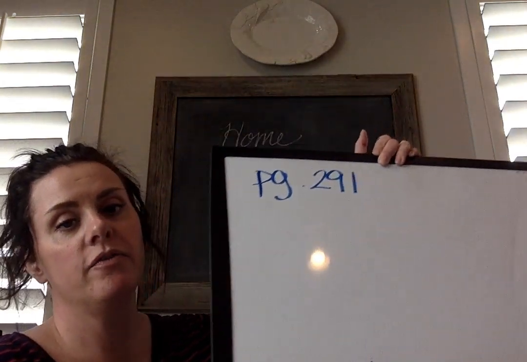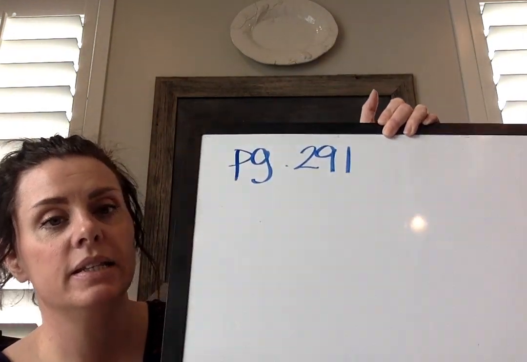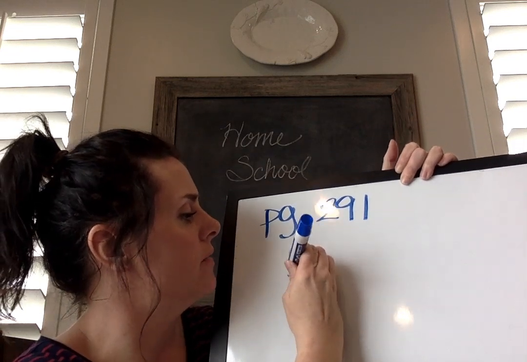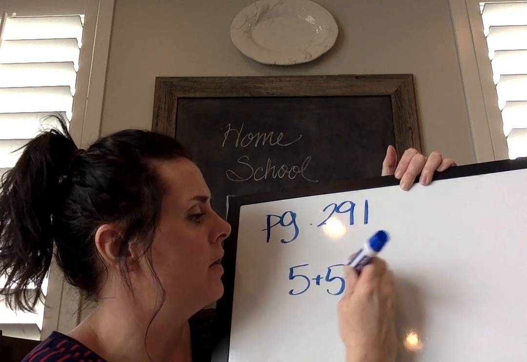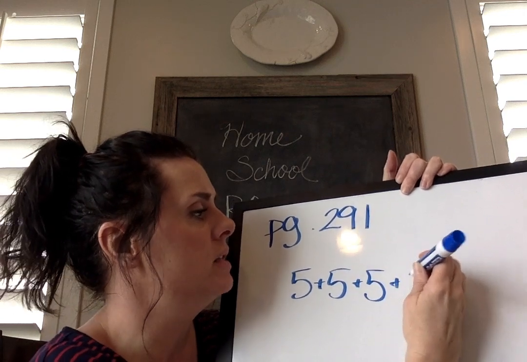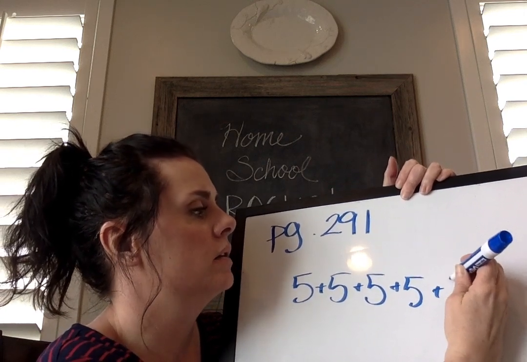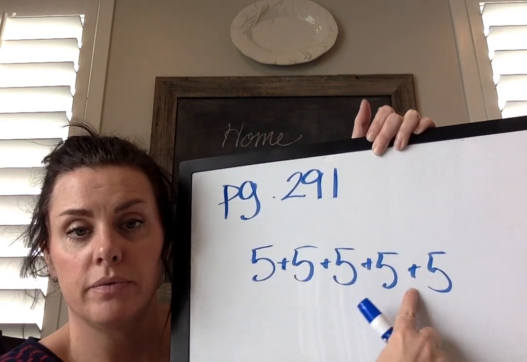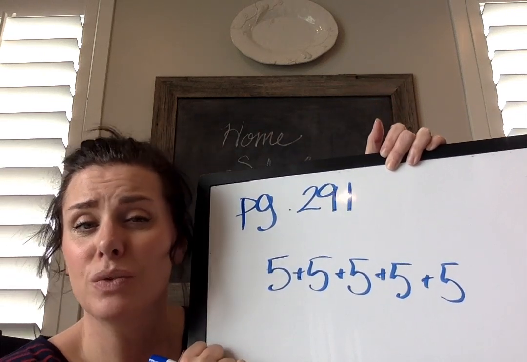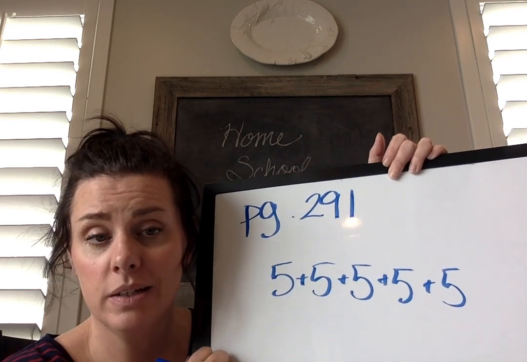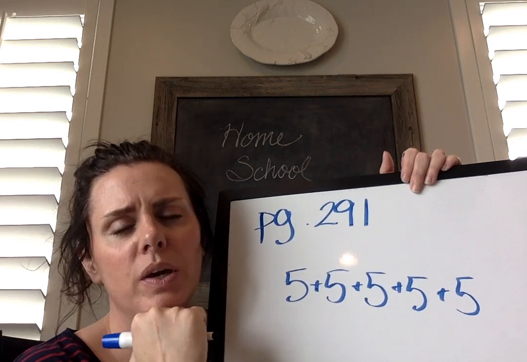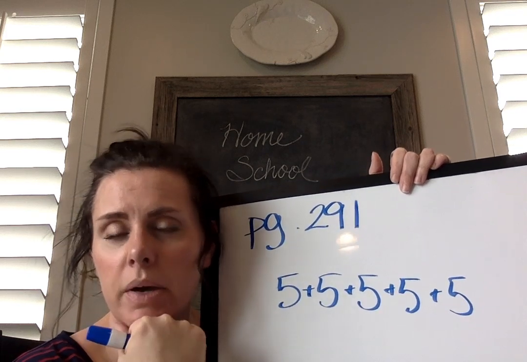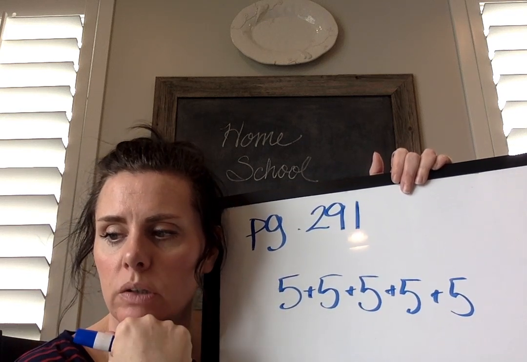So we had 5 terms, and it said that each time we added 5. So we're going to go like this. 5 plus 5 plus 5 plus 5 plus 5. So we've got 5 5s, right? So that's the first way that we could write it. Think about how we could write the next way. Think about expressions.